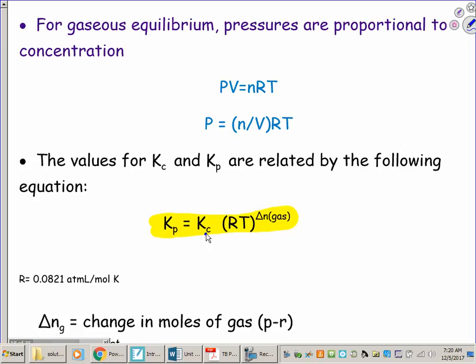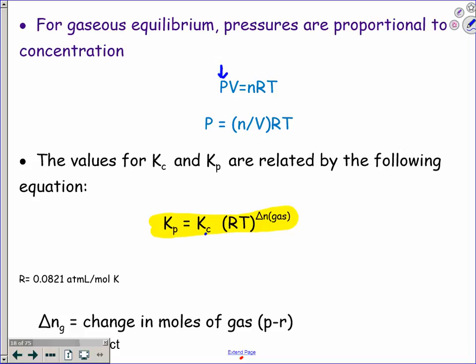Partial pressures, right? So we'll use no brackets. We'll use the P to represent the partial pressure. So there's a relationship between these two. It's actually the ideal gas law. So the relationship between them is this equation, but it's derived from the ideal gas law. So essentially, it's showing the relationship between pressure and concentration.